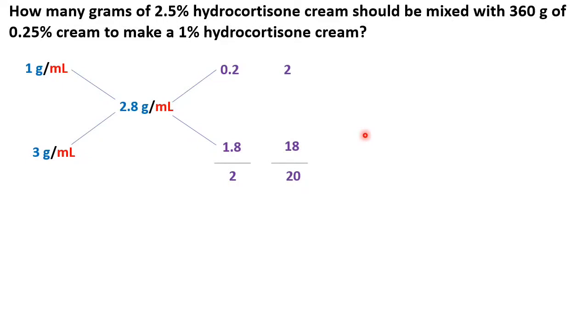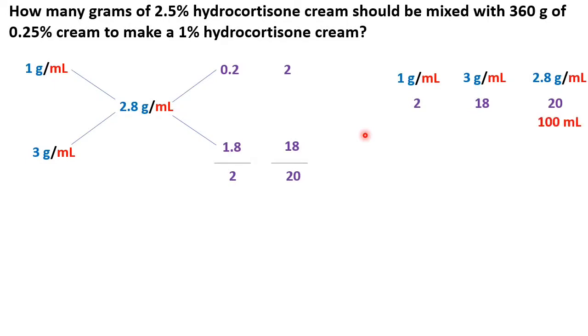We have a solution whose density is 1 gram per milliliter, the other is 3 grams per milliliter, and the resultant solution would have a density of 2.8 grams per milliliter. We should mix 2 parts of this solution with 18 parts of this solution, and the total is 20 parts.